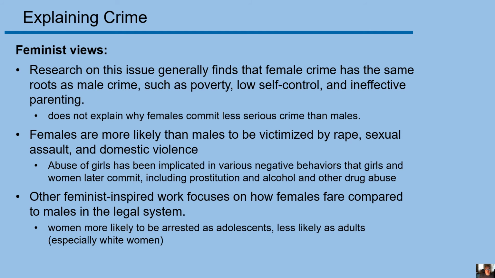Talks about how women are more likely to be victims of crime as far as sexual crimes and domestic violence, and how sometimes being victims brings them into a situation where they become perpetrators of crime. This is particularly true in the area of domestic violence, where abused women at some point will use violence to defend themselves.